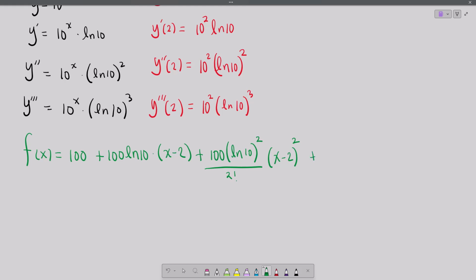And our last non-zero term, 100 natural log of 10 cubed, divided by 3 factorial, multiplied by x minus 2 cubed, and then we add dot, dot, dot. There is our series.